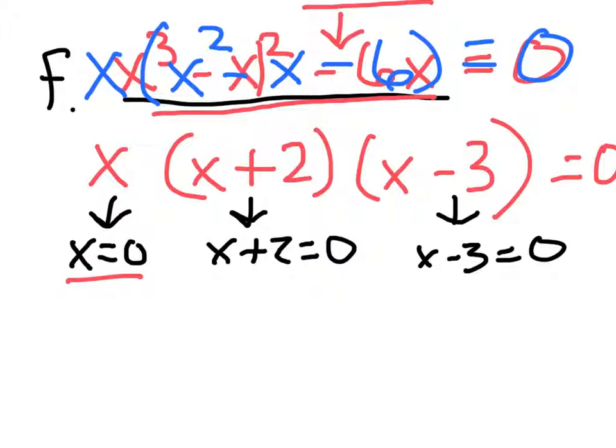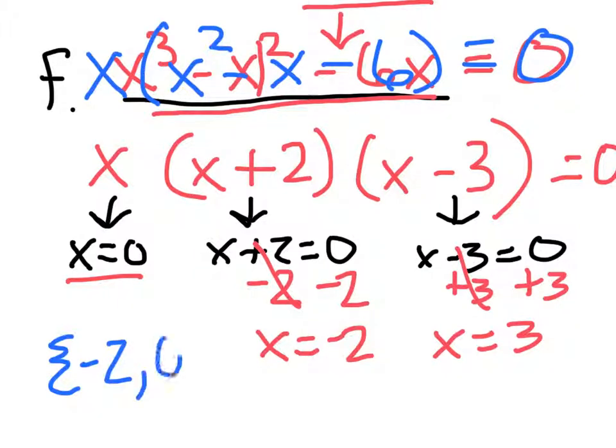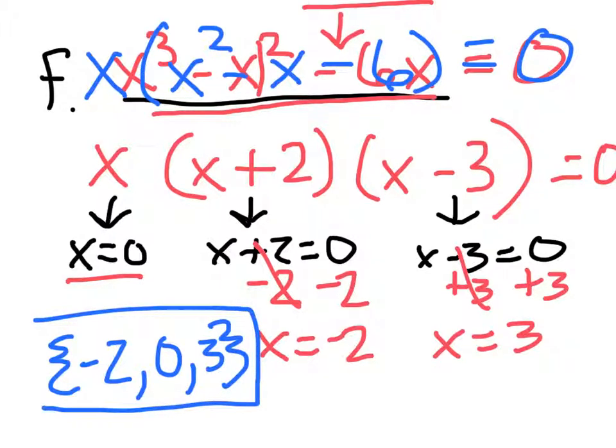That's already solved. x is all alone, so I'm going to subtract 2, and I get x is negative 2. And then I'm going to add 3, and I get x is positive 3. So my final answer in the braces here, I'm going to have x is negative 2, x is 0, and x is 3. So once again, there are all of my solutions.